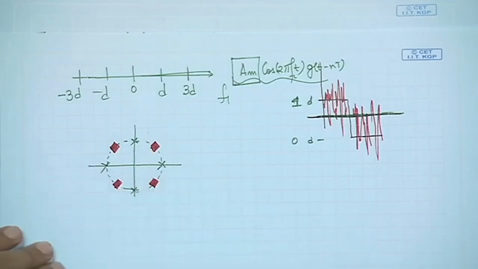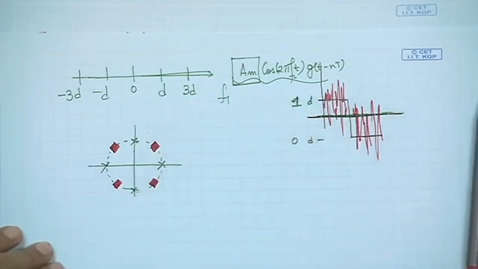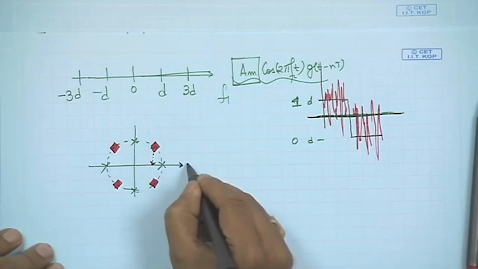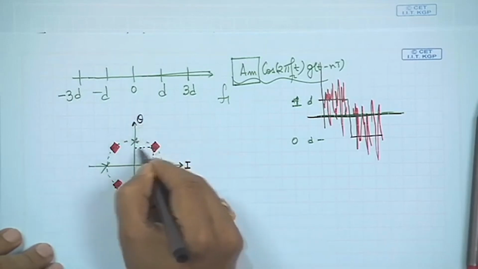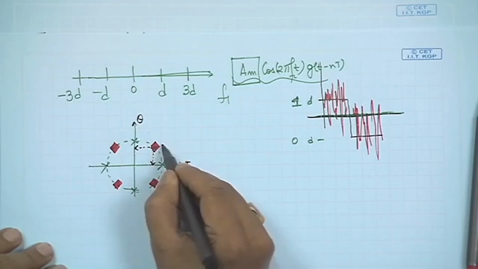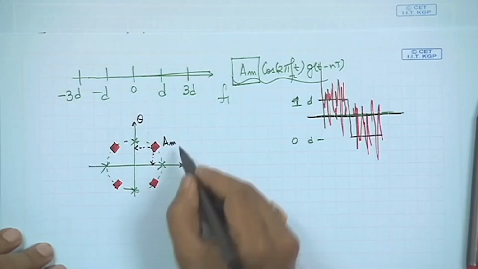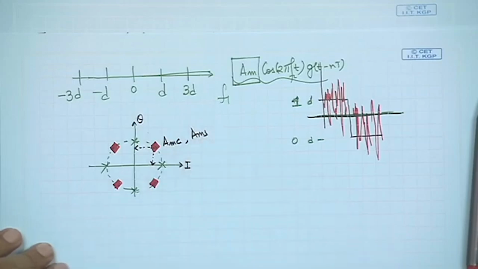So, clearly there are 4 phases. However, each signal has a component on the I channel and another component on the Q channel, and this location could be represented by an amplitude on the cosine and an amplitude on the sine.